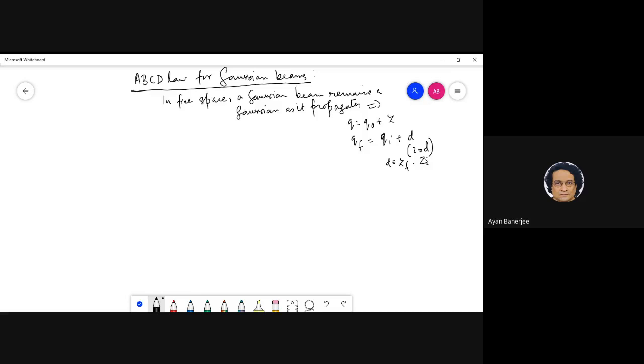So if the beam traveled from ZI to ZF, then your d is just ZF minus ZI, which is very trivial. This is not really interesting. What is interesting, however, is the thin lens, and that is what we are going to look at now.